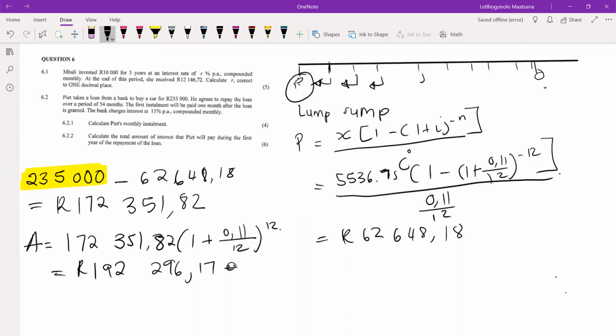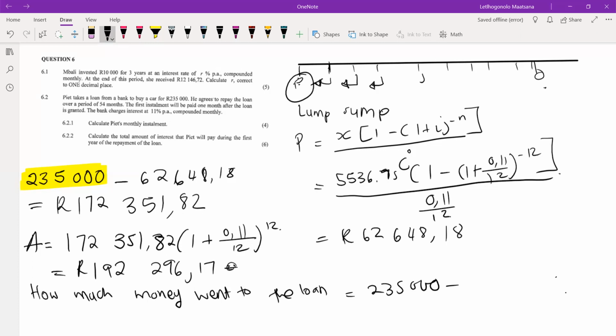So we want to then, again, the same thing we did the last time, see what is the difference between the amount that he owes and the balance. This will tell us how much money went to the loan. So how much money went to the loan? It will still be equal to the original amount minus the balance.